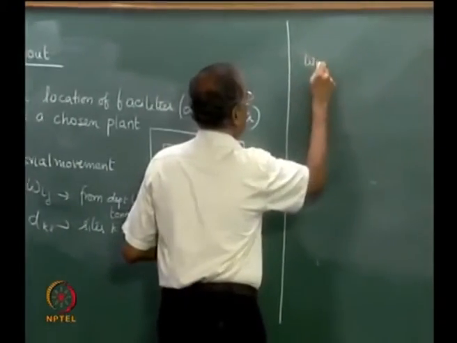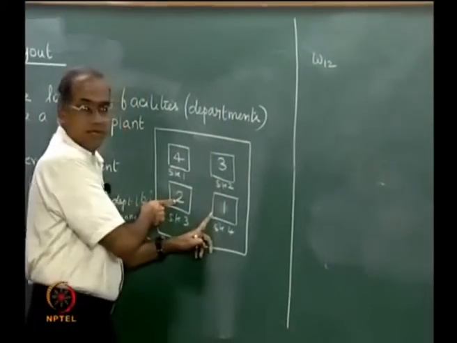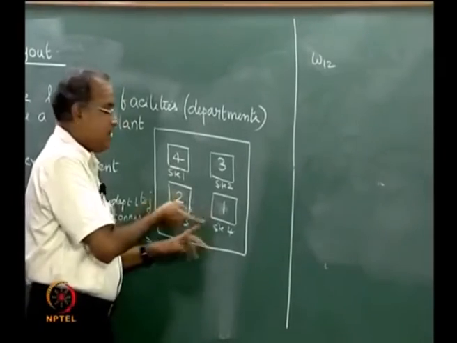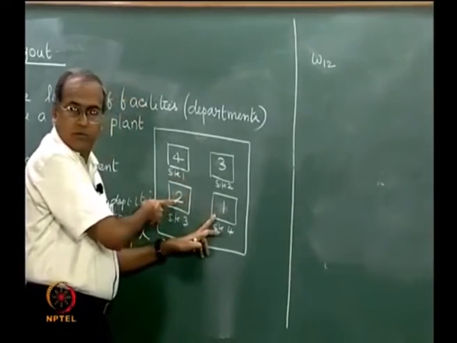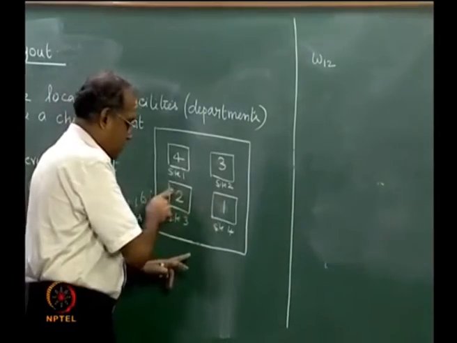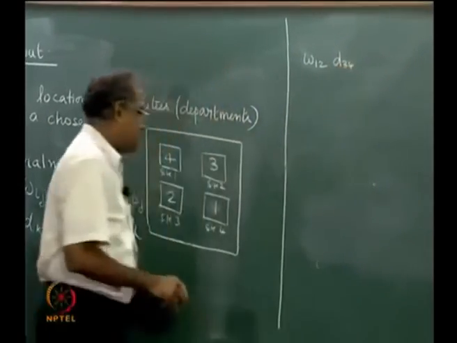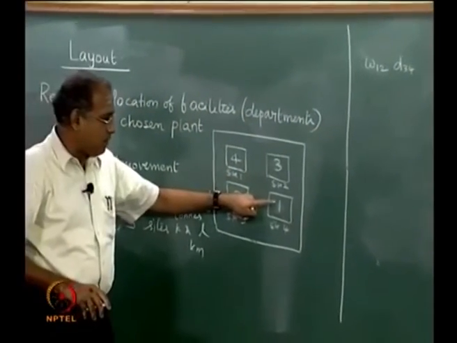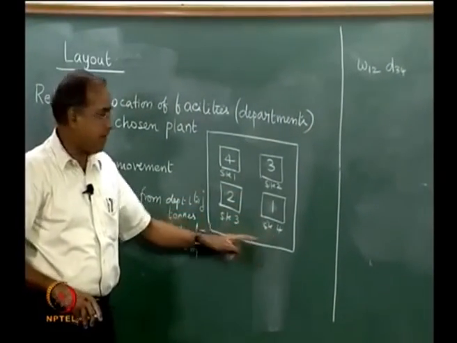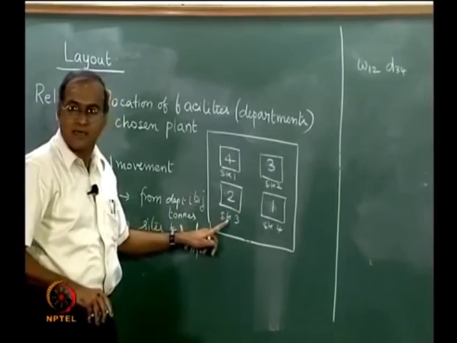W12, from 1 to 2 there is a material movement into D12, W12 into D34, because department 1 is located in site 4, department 2 is located in site 3.